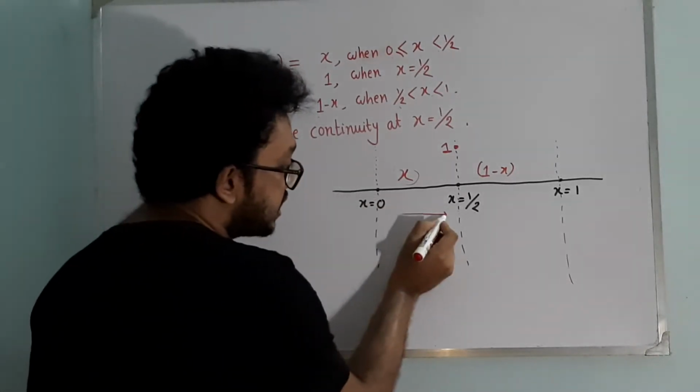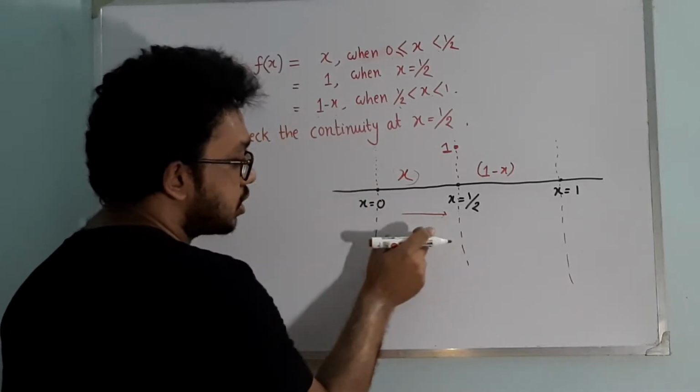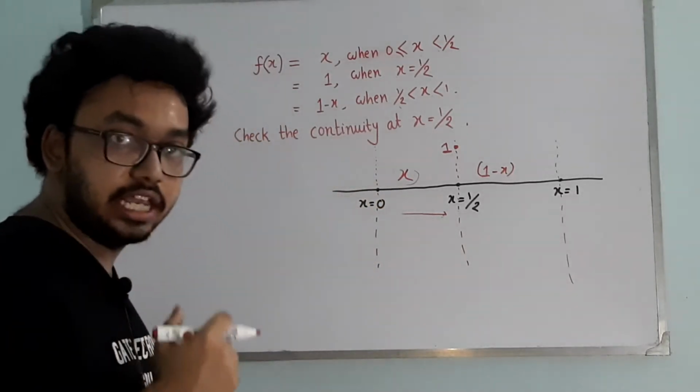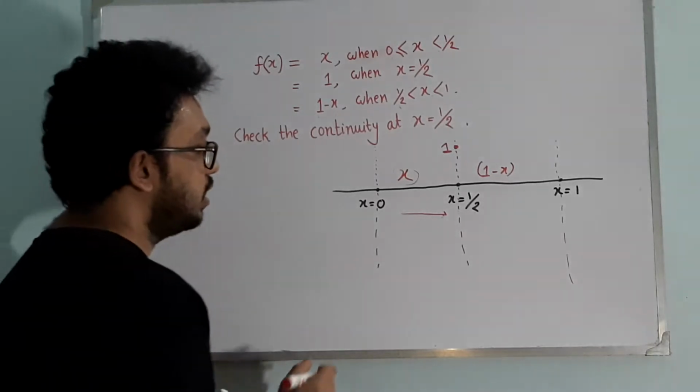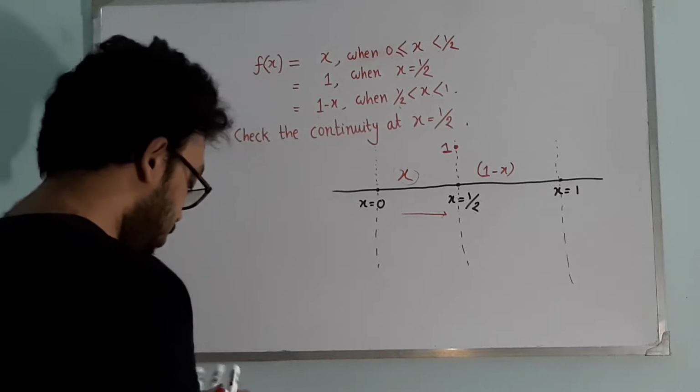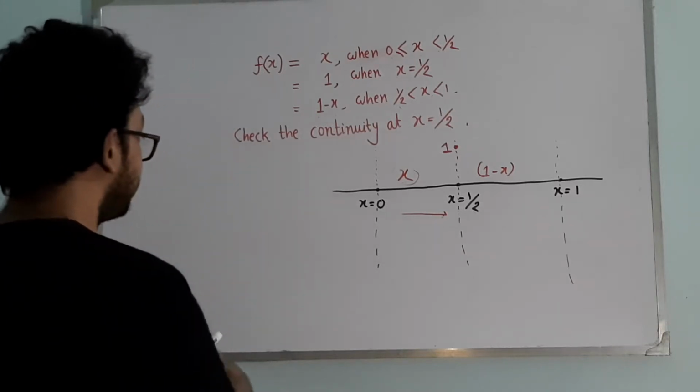In this case, just in the left hand side of x equal to half, f(x) is equal to x. So while evaluating the left hand limit, we will take f(x) is equal to x, right? So let's check the left hand limit.